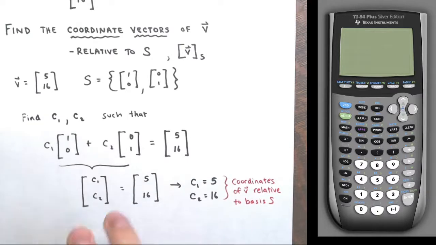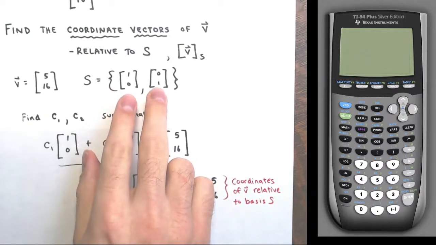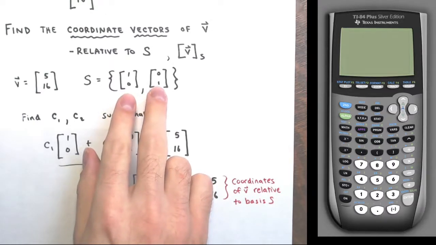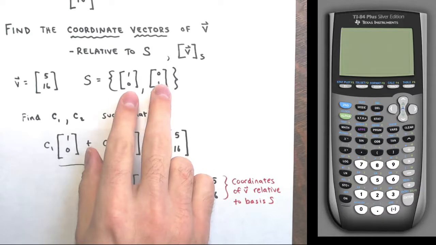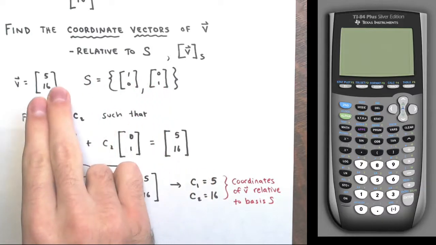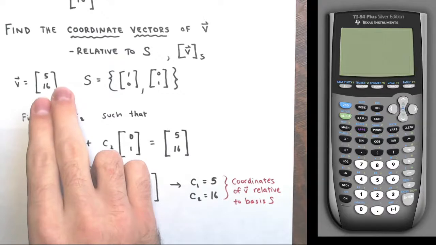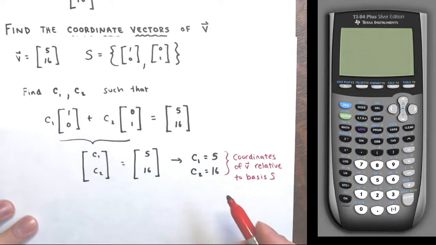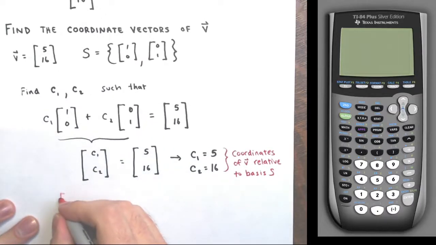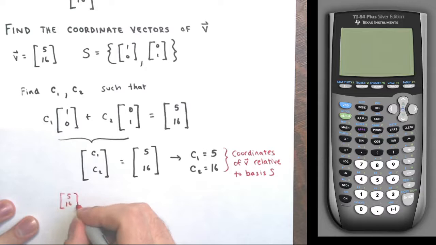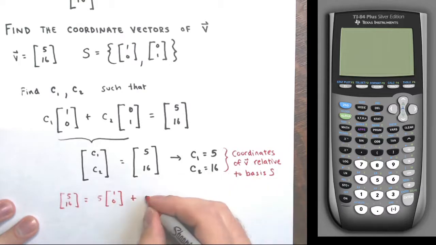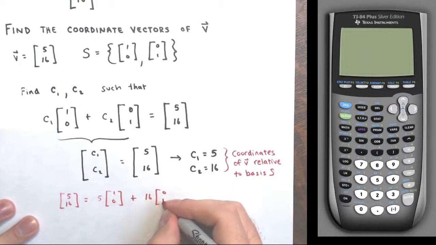Remember the basis vectors are like the building blocks for a vector space. So if I take these two vectors, what I'm asking is how can I use them to build this vector (5, 16), and these coordinates tell you how to do that. (5, 16) is very clearly equal to 5 times the first basis vector (1, 0) plus 16 times the second basis vector (0, 1).